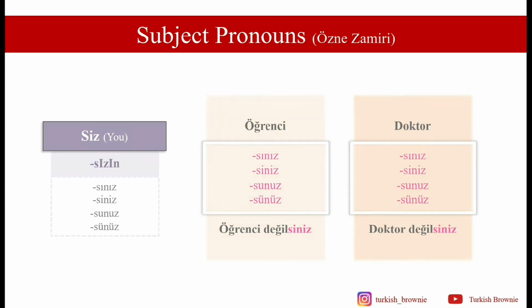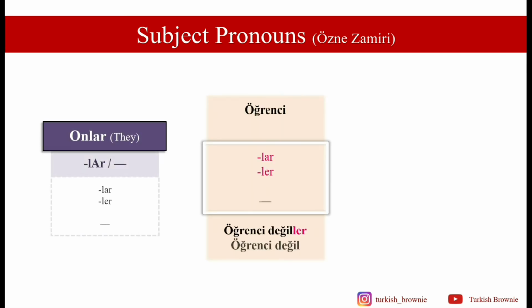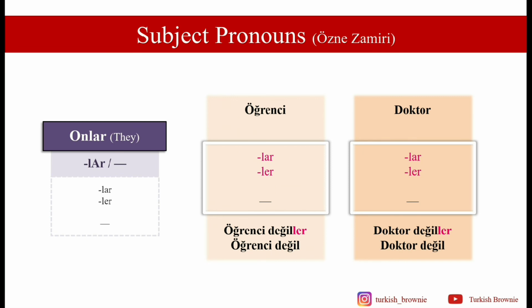You are not doctors. And for onlar, the options, öğrenci değiller or öğrenci değil. Doktor değiller. Doktor değil. And again, like I said earlier, you're going to prefer the no suffix form instead of the lar form, which is grammatically correct, but still it's not preferred.